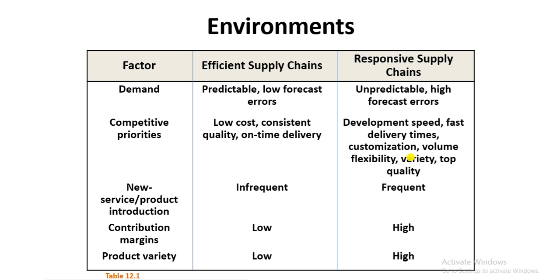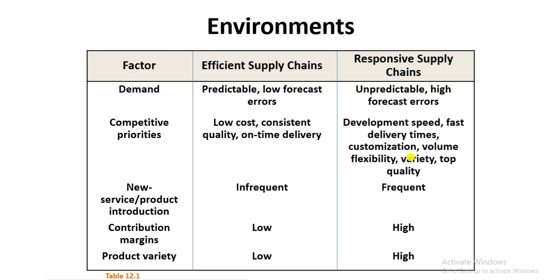The first point is demand. If there is predictable demand and the forecasting errors are very low, then you will choose the efficient supply chain. On the other hand, if you face unpredictable demand and the forecast error is high, then you will choose the responsive supply chain.